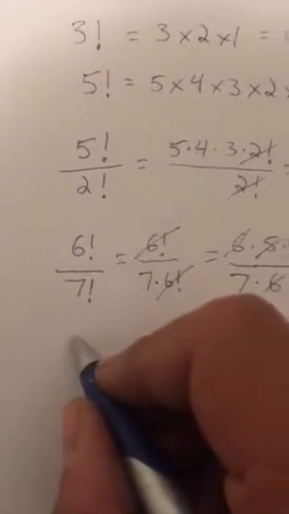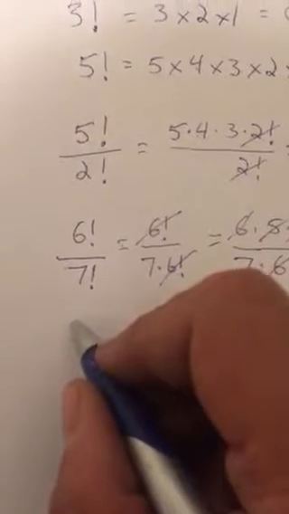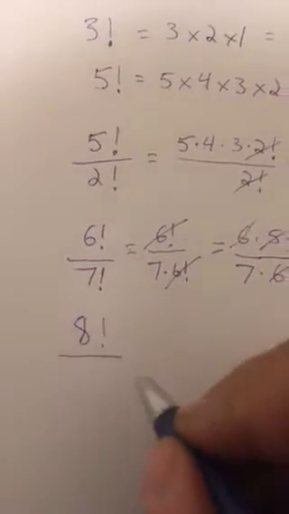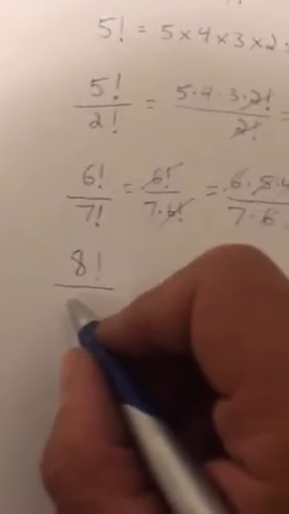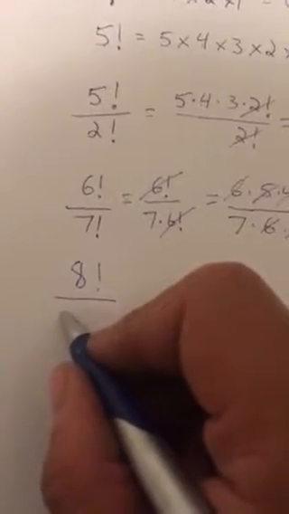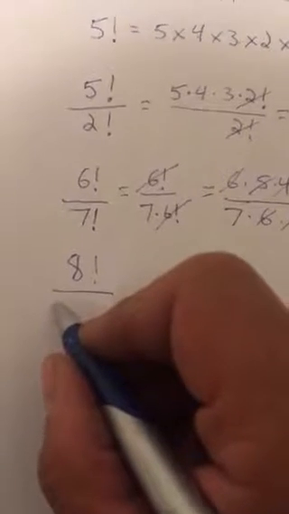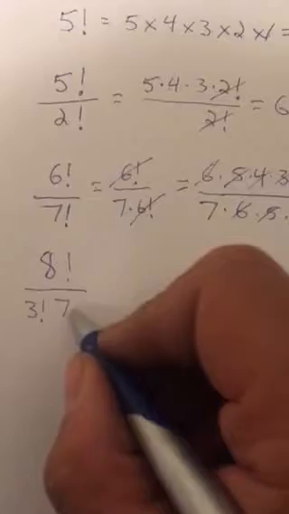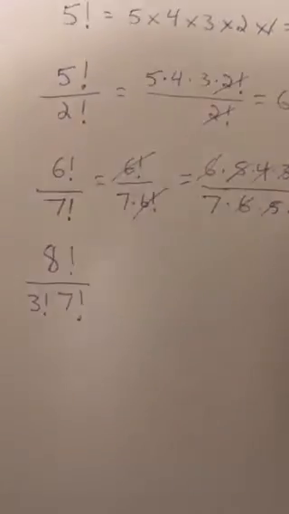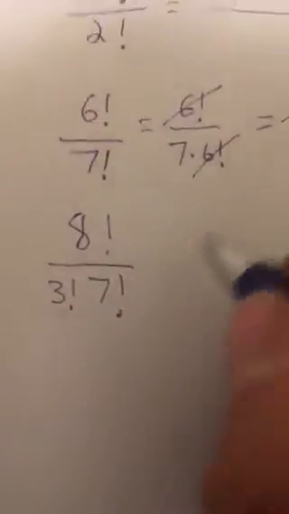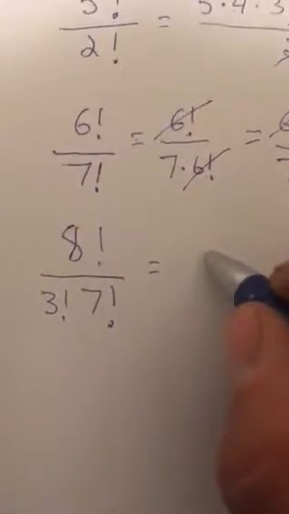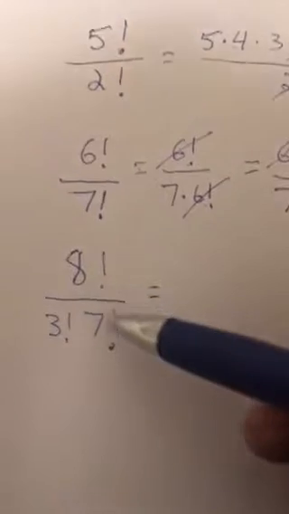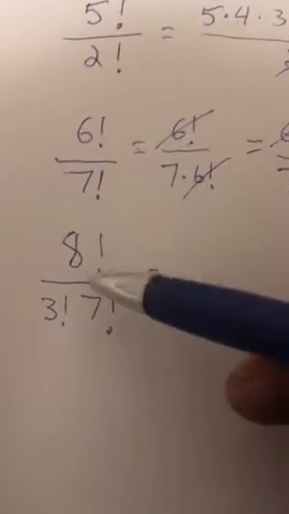So we could say 8 factorial, and let's make it a little bit more complicated. Let's say we're going to go 3 factorial and 7 factorial. We can have multiple pieces in the denominator or the numerator. And so if you're looking at this, you can take maybe the largest factorial, because you want to simplify it the easiest.